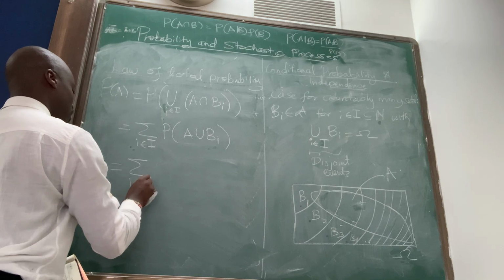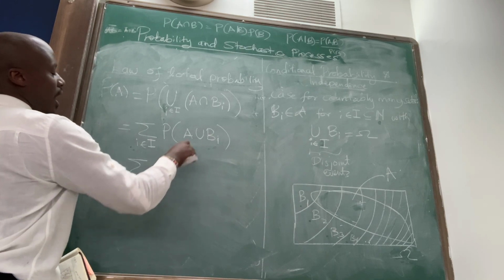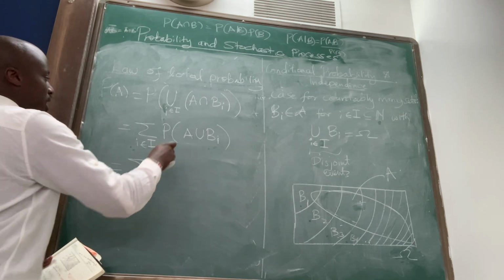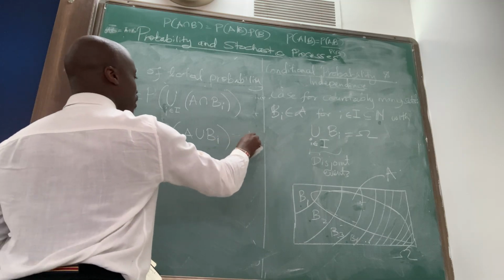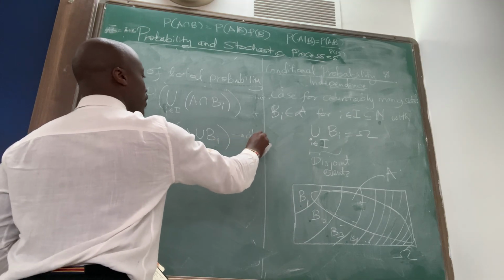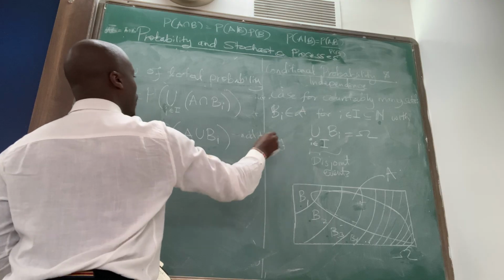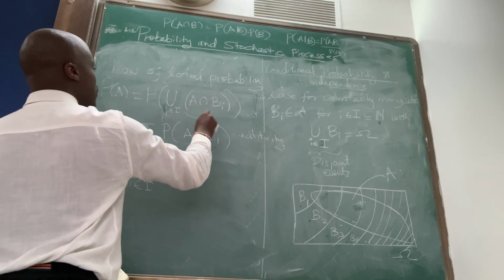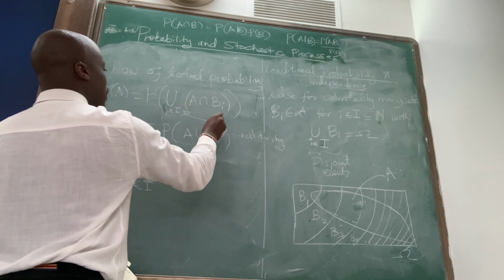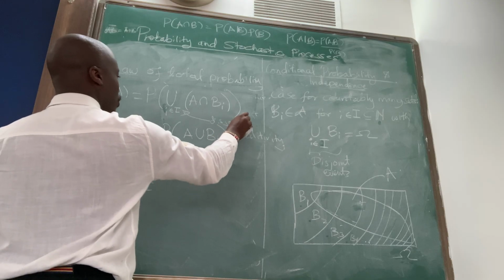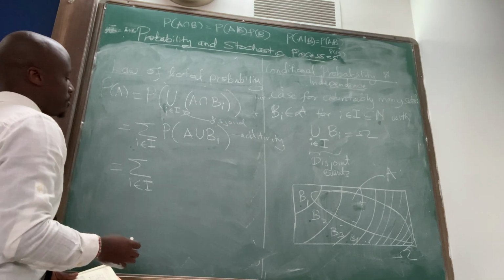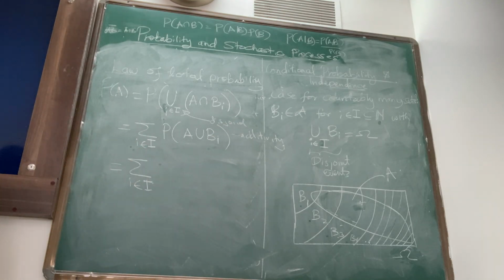Here we've used additivity, because these are disjoint unions. Now we can use Bayes' theorem. What will the last expression be using Bayes' theorem?